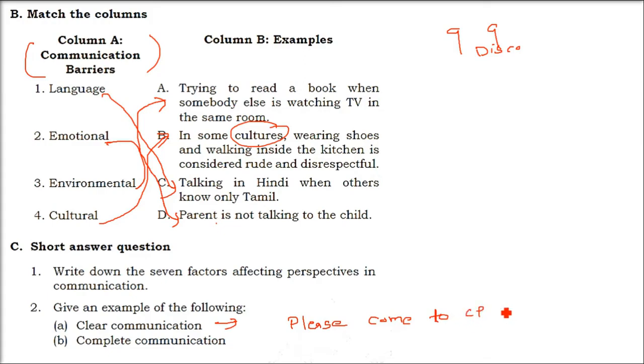You have to say, please come to Connaught Place in front of, say, KFC or McDonald's, and you have to write the whole thing. Just don't write MD. That will not be clear communication. That will not be complete communication. So I will encourage you to make one more sentence like this in order to show that your communication is complete and clear, right?